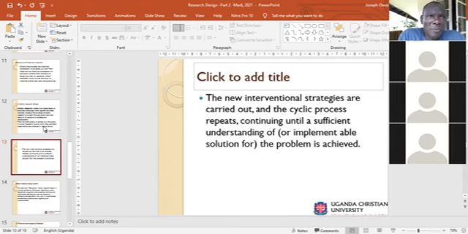So we want you to find a problem statement within your area of operation, because then you can provide a solution. You can't study Uganda Baati and then go and say, hey, I have an idea here, I want you to implement it. They might not even believe what you're saying.